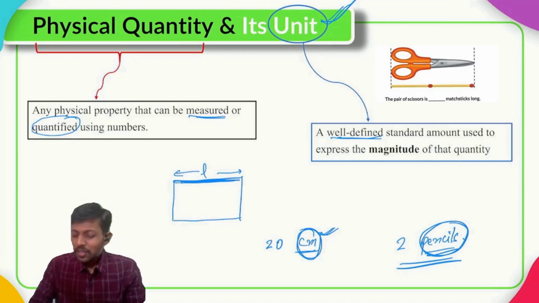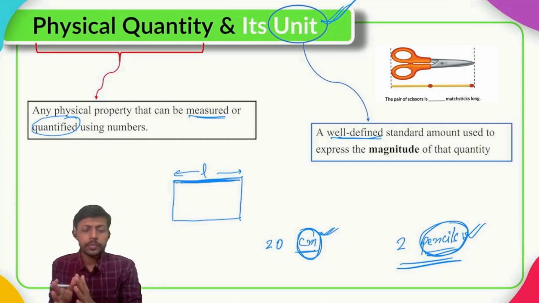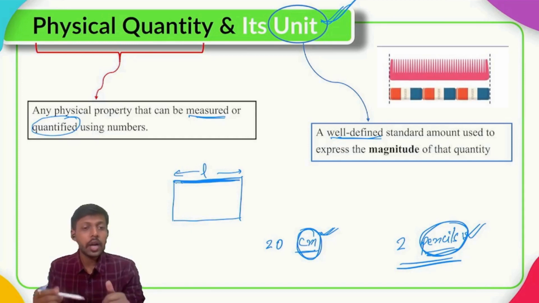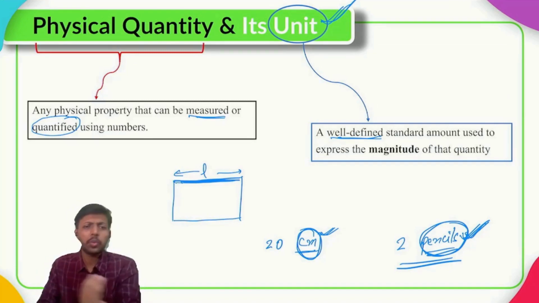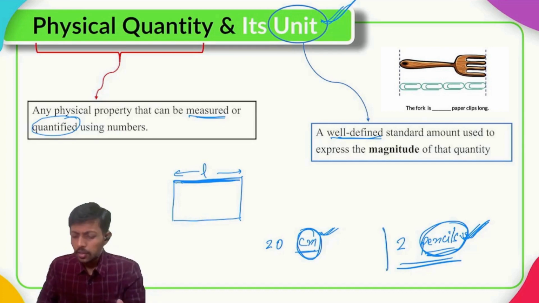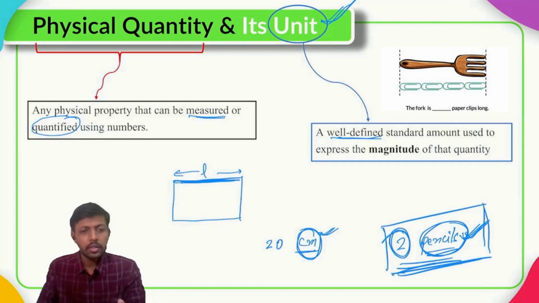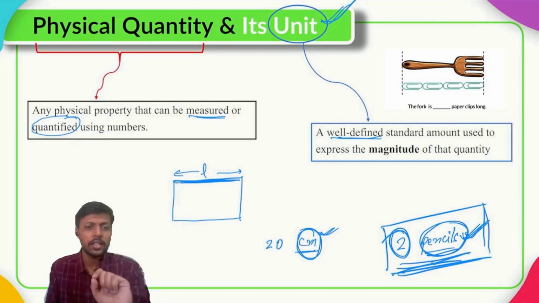But this is not a standard unit because at a different location, the length of the pencil might be different. If you've sharpened it, the pencil length becomes shorter. So we can't give a unique number if we are using this non-standard unit.